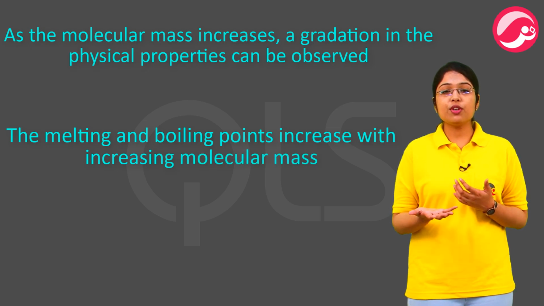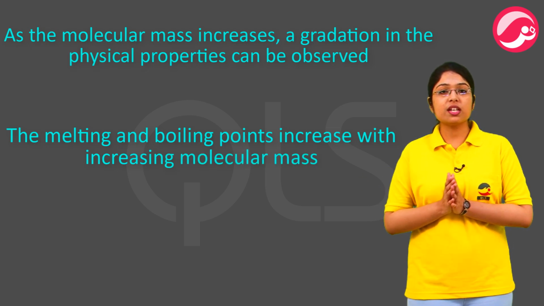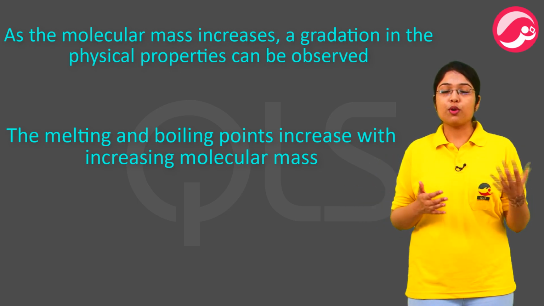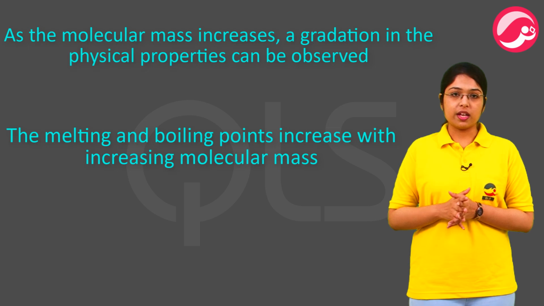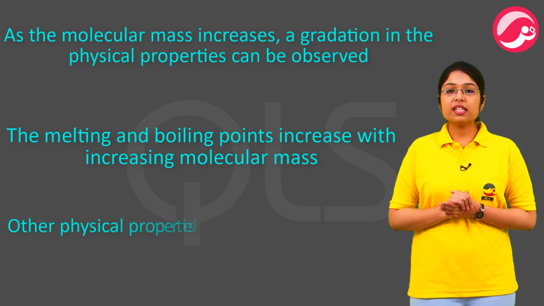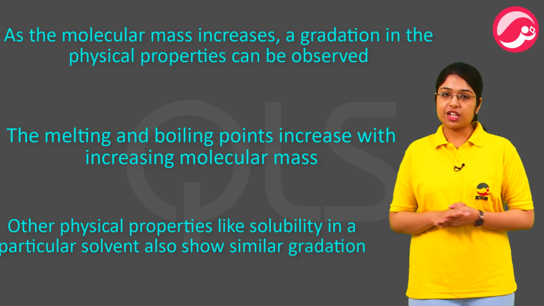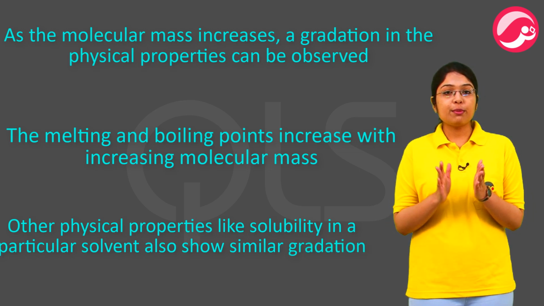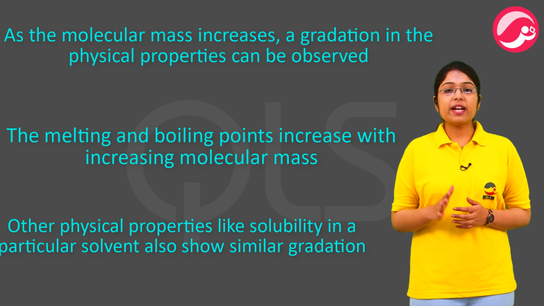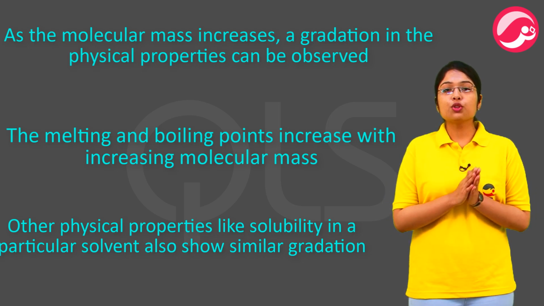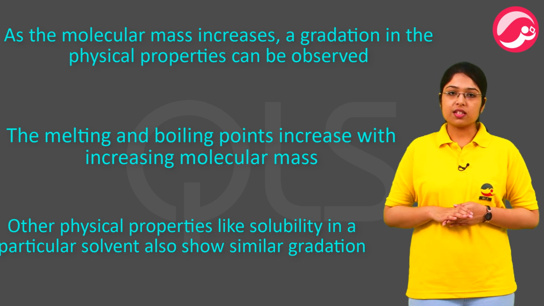The heavier something is, the more its properties are defined accordingly. So, when the molecular mass increases, the boiling and melting point also increase. Other physical properties like solubility in a particular solvent also show similar gradation. But the chemical properties, which are determined solely by the functional group attached, remain similar throughout the homologous series.